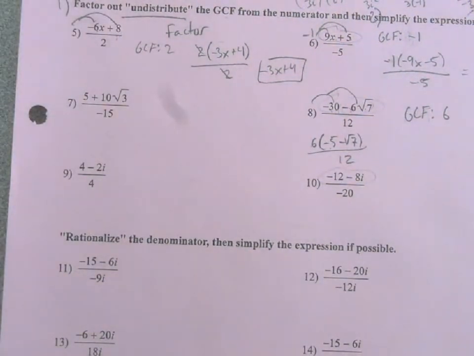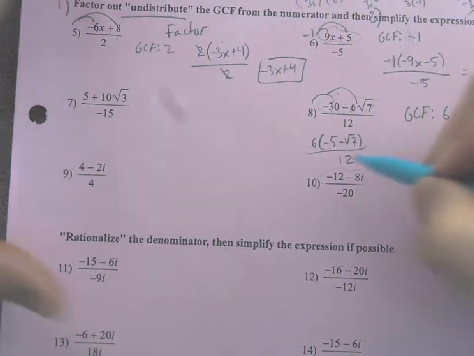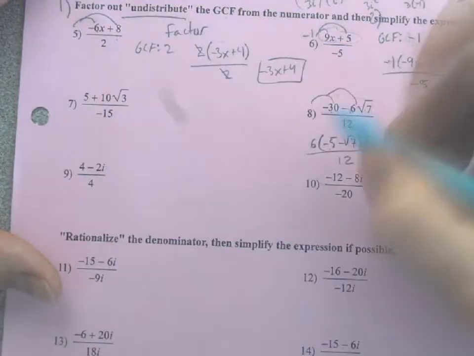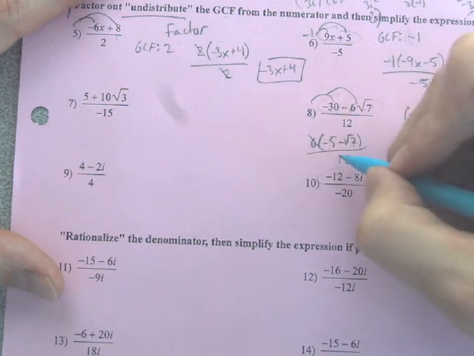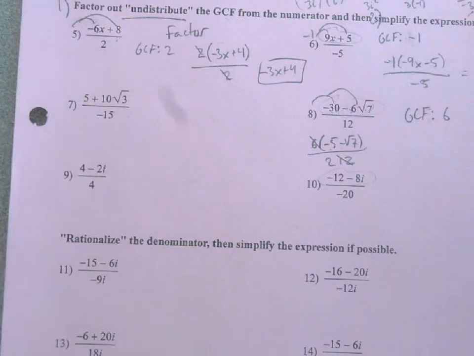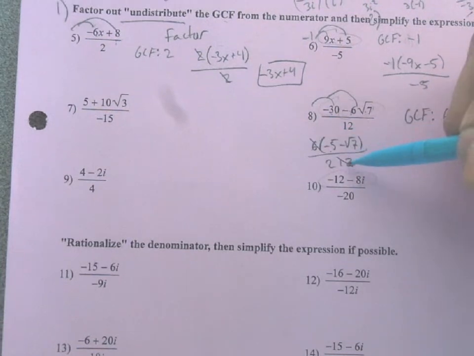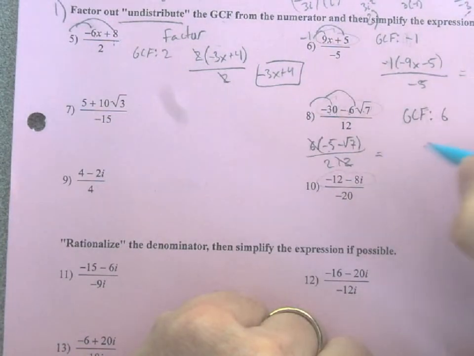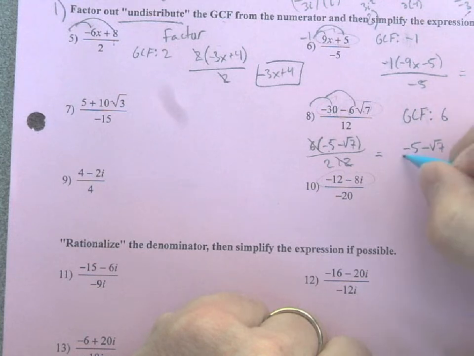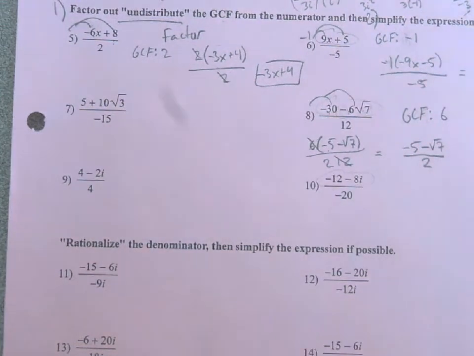Okay, notice that on the bottom here there's a 12, which is 6 times 2. So the 6 up here can cancel with the 6 in here, leaving us with a factor of 2. In other words, 6 goes into 6 one time and 6 goes into 12 twice. And so what we have is negative 5 minus root 7 over 2.